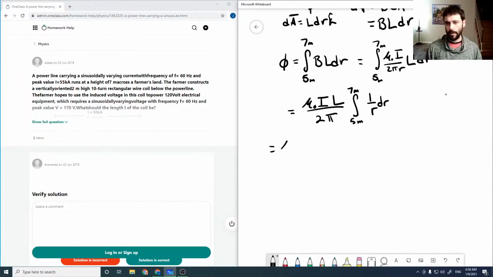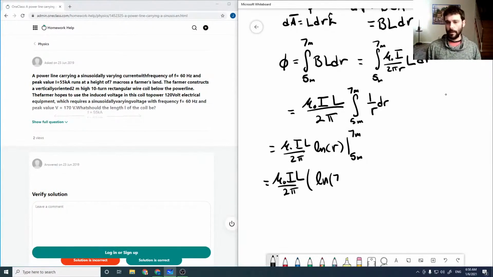So it's mu naught I L over 2 pi ln r from 5 meters to 7 meters. And so then this is just mu naught I L over 2 pi, ln 7 minus ln 5, which comes out to be mu naught I L over 2 pi ln of 7/5.